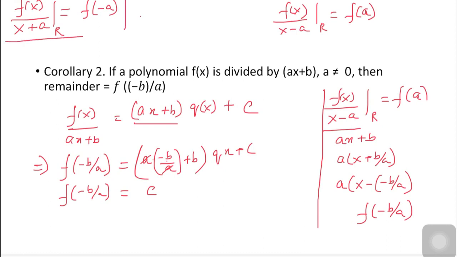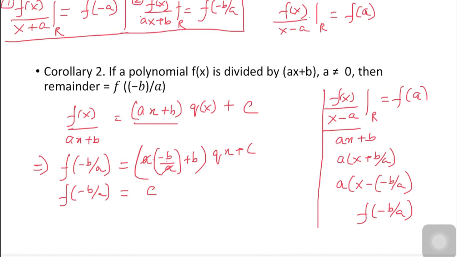And the last corollary, corollary 2, is when f of x is divided by ax plus b, then the remainder is equal to f of minus b by a. So now let's solve a few examples to solidify the concept of remainder theorem.